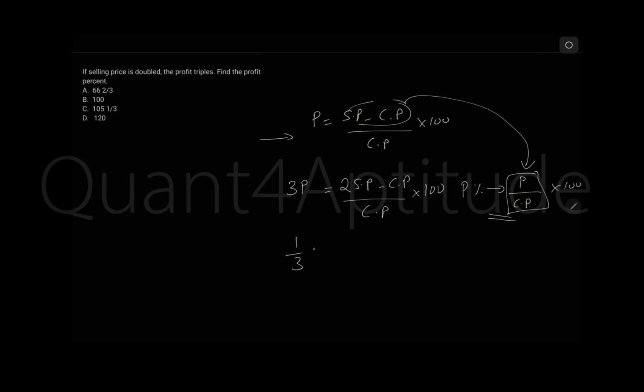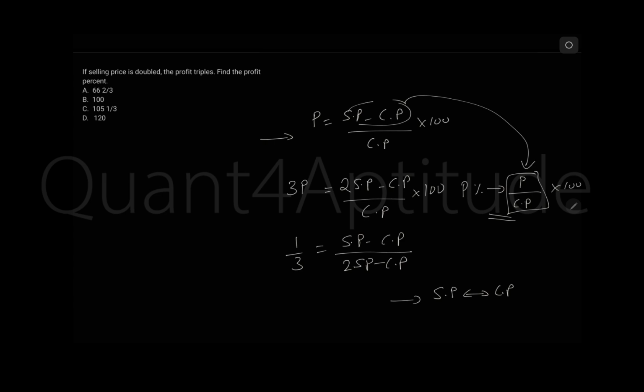So I'll get 1 by 3 is equal to selling price minus cost price divided by 2 times selling price minus cost price. In this scenario, we are going to get the relationship between selling price and cost price straight away when you look at this equation.